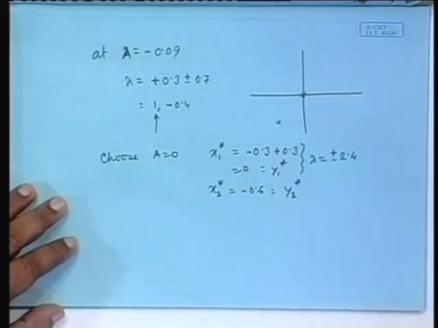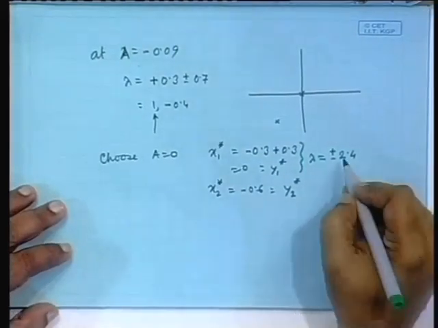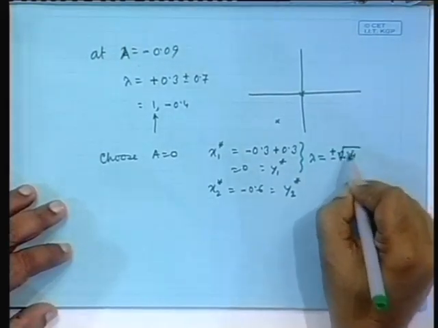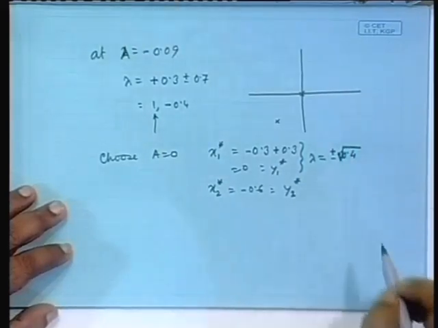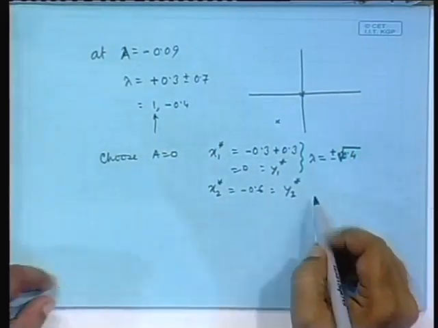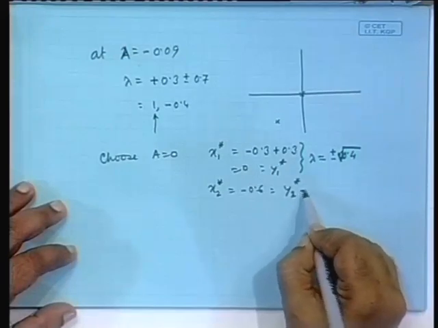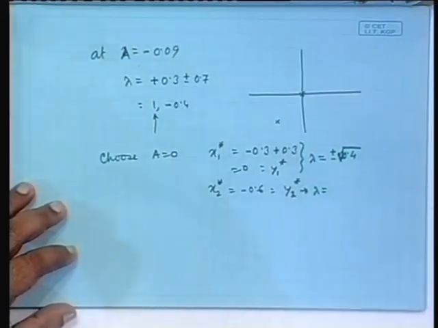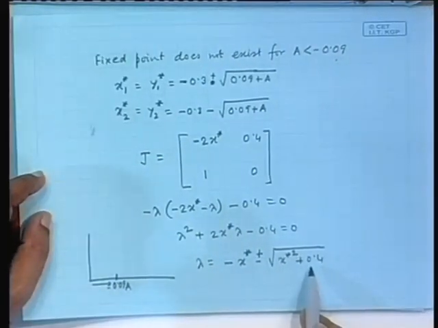Is that right? Oh, root 0.4. Okay, that's possible. And this fellow, if you put 0.6 here, it would be 0.36.